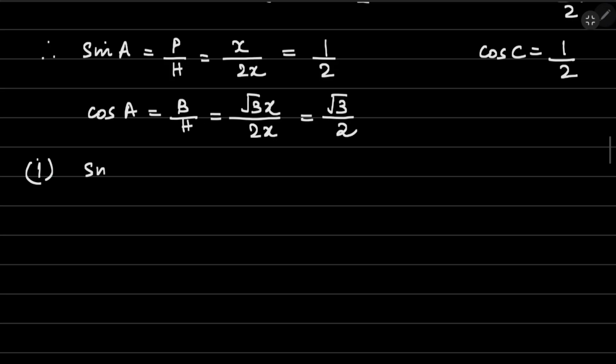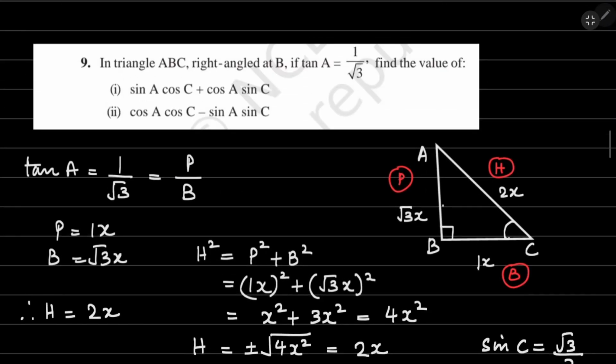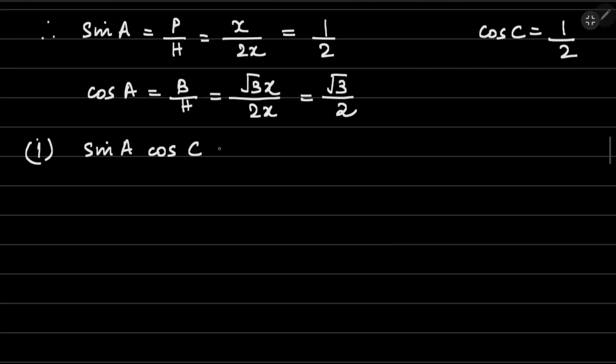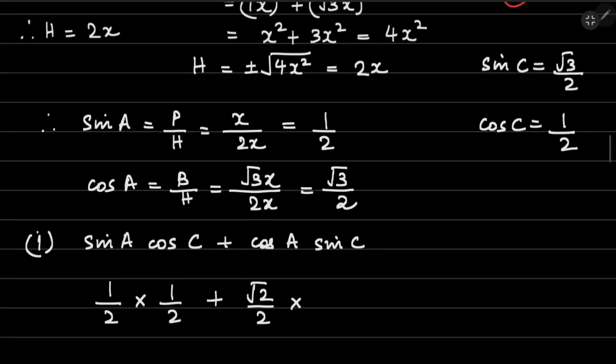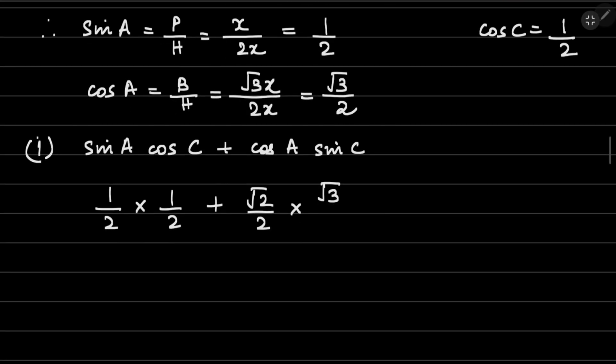Therefore sin A cos C plus cos A sin C. What is the sin A value? 1 by 2 multiplied by cos C, again 1 by 2, plus cos A, root 3 by 2, multiplied by sin C, again root 3 by 2.